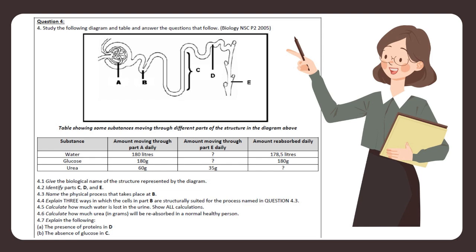Show all calculations. 4.6 Calculate how much urea, in grams, will be reabsorbed in a normal healthy person. 4.7 Explain the following: A. The presence of proteins in D. B. The absence of glucose in C.